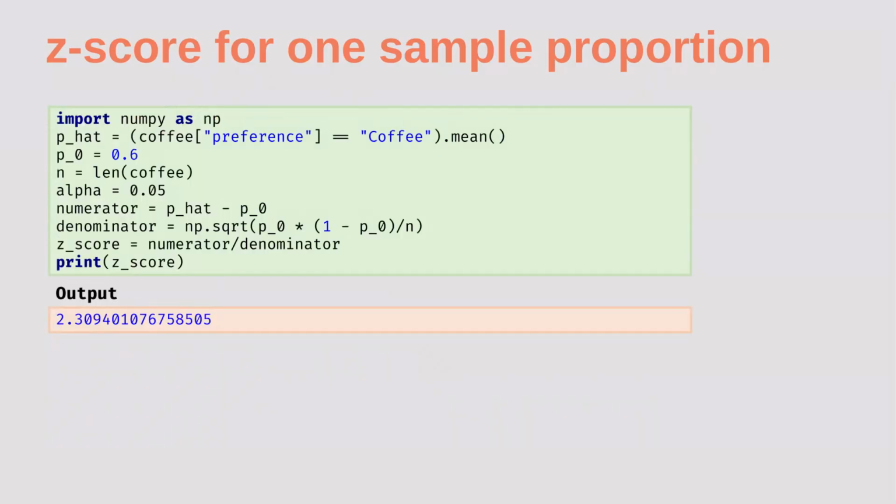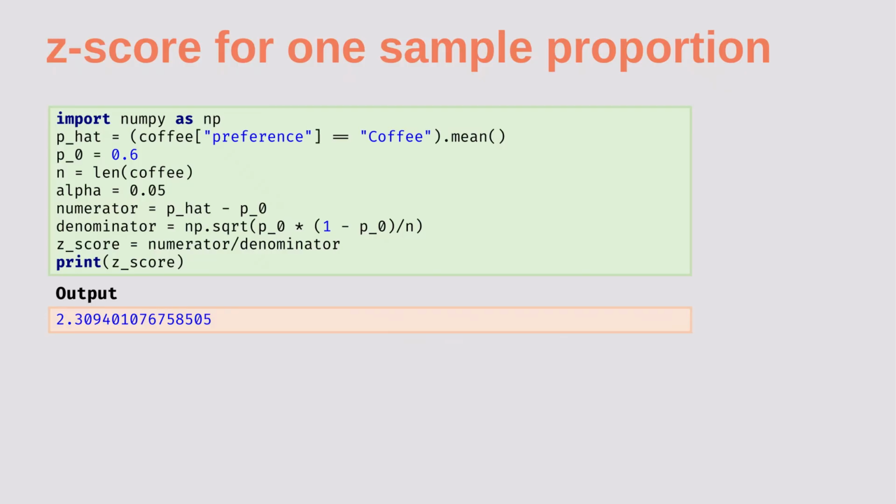Let's see how to compute the z-score for one sample proportion test. First, we calculate the sample proportion. That's the percentage of people in our dataset who said that they prefer coffee. Then we set our hypothesized population proportion, which in this case is 60% or 0.6. This is the value we're testing against under the null hypothesis. Next, we determine the sample size, which is simply the number of observations in our dataset.